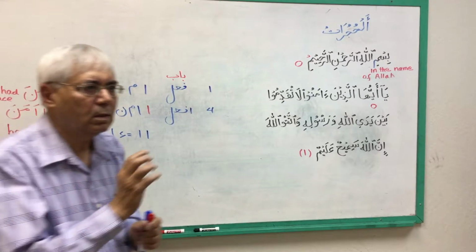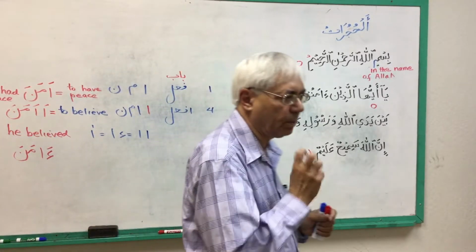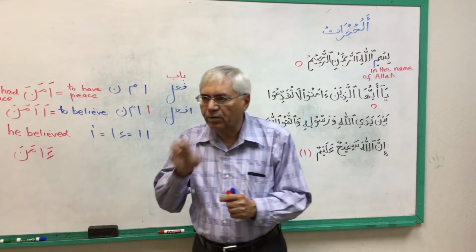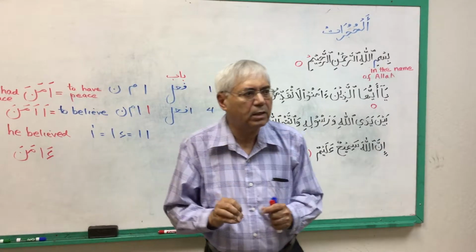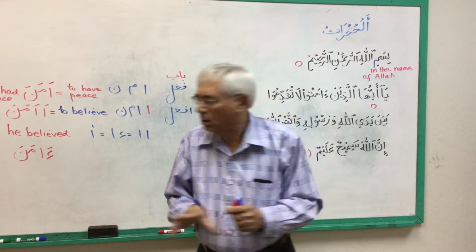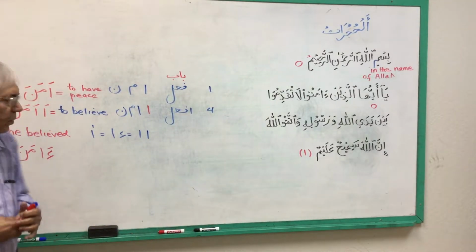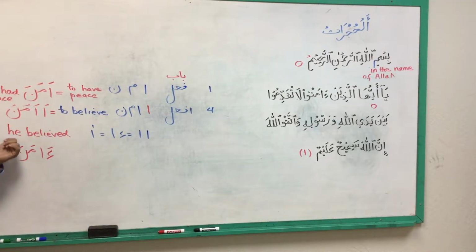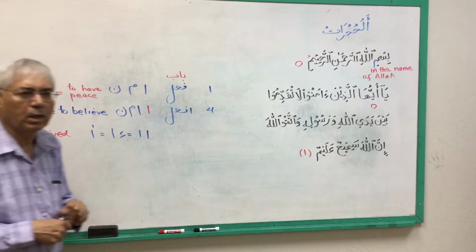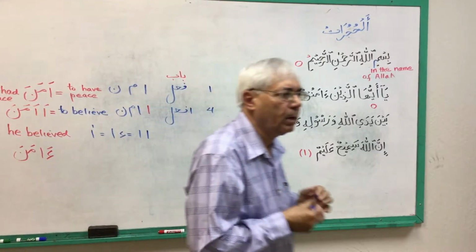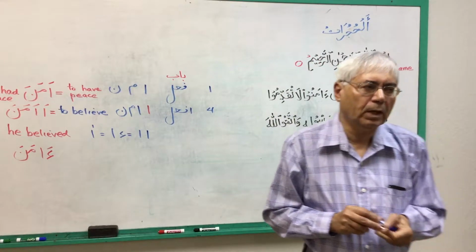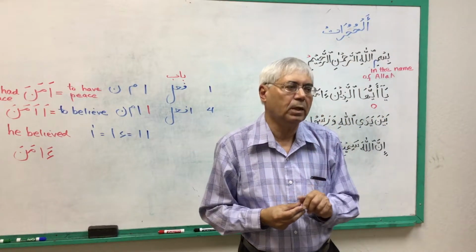One person, third person, and the past tense. So much information is already there in this word, like third person, past tense, and he, masculine. All this information, just by putting these 3 fathas, appeared there. Amana, he believed. One person believed.